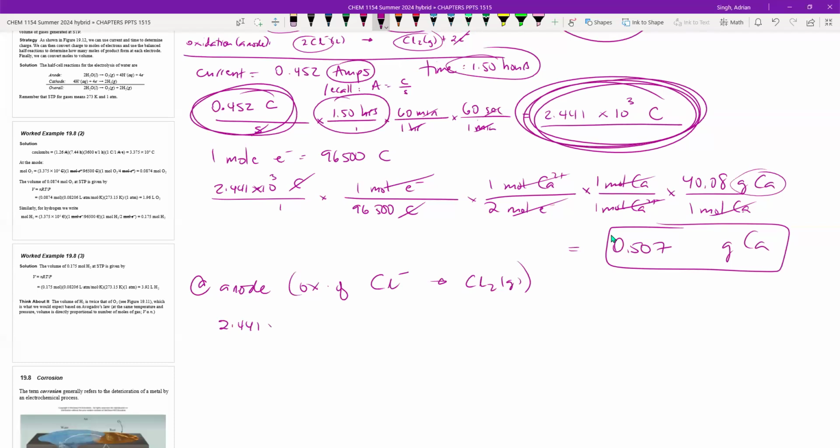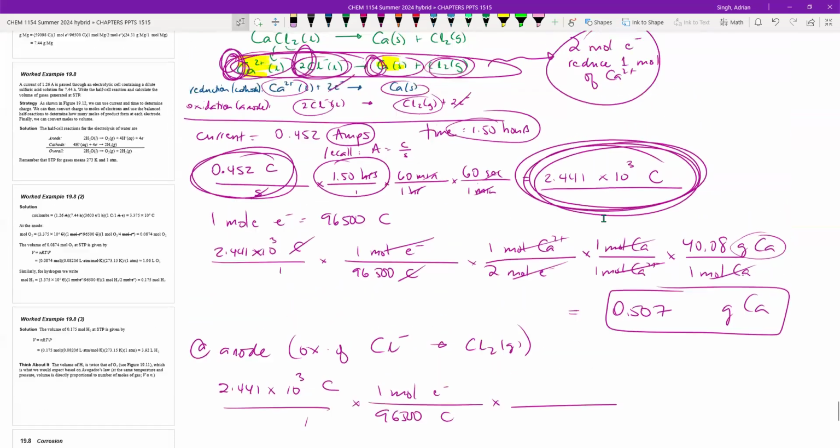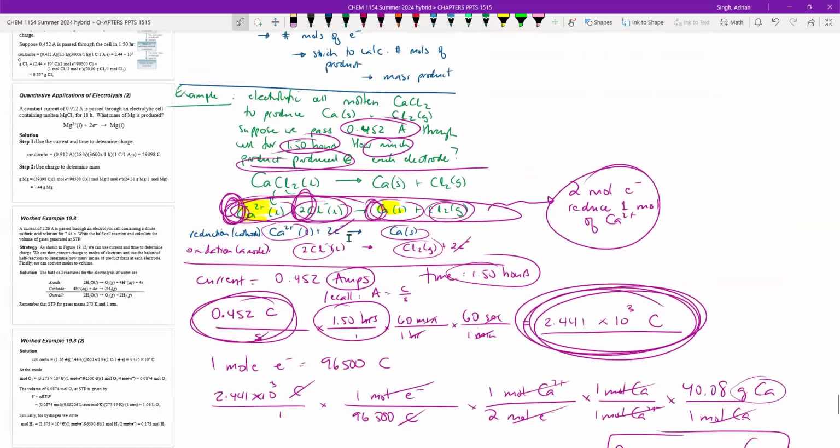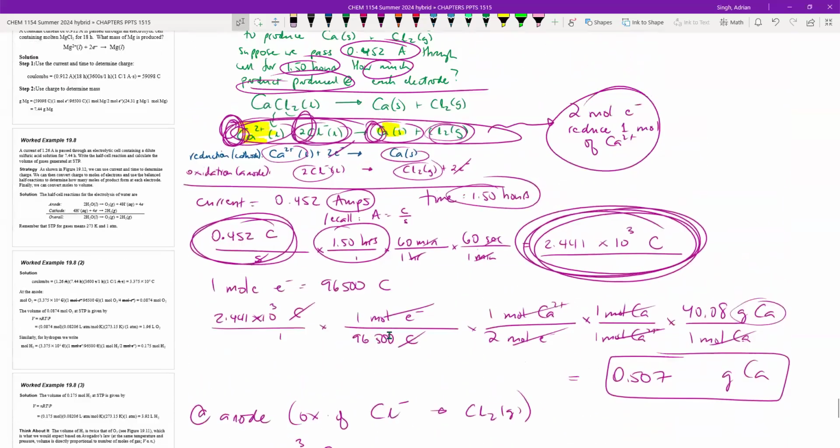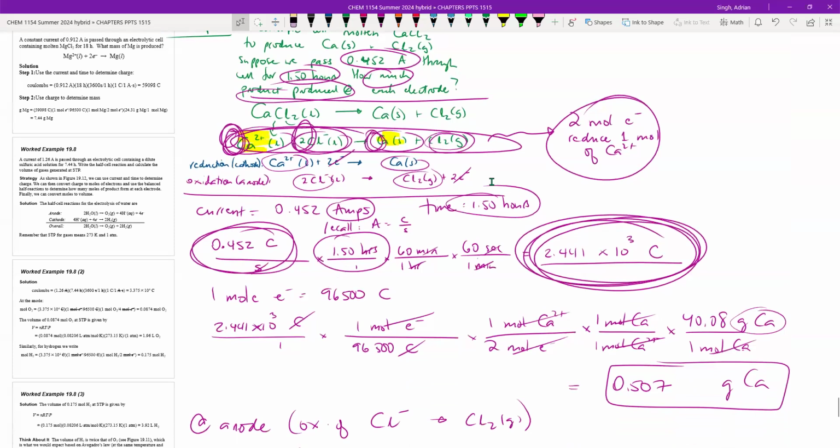We've got 2.441 times 10 to the 3 coulombs. Okay, again, we know for every 1 mole of electrons, we have 96,500 coulombs. Now we want to relate the moles of electrons to the chloride or the chlorine, and we can see here that 2 moles of electrons are needed for every 1 mole of Cl2.